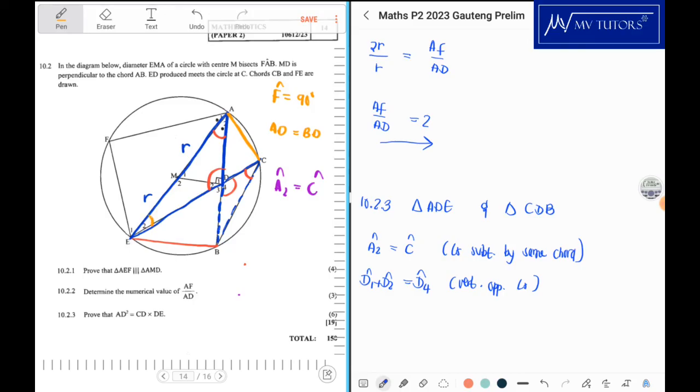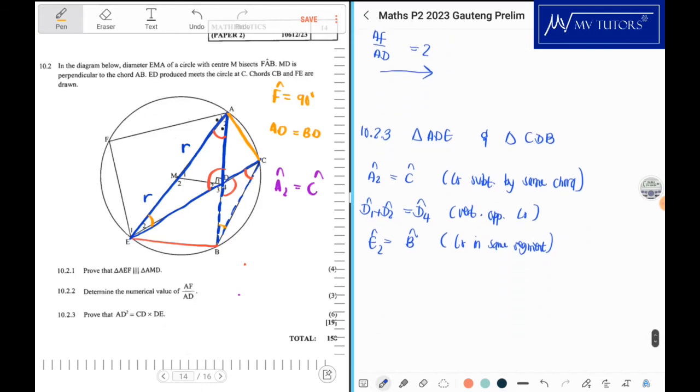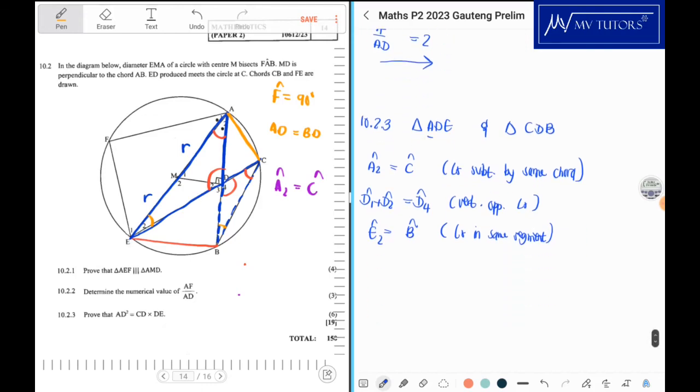And I said E2 is equal to B. Okay. E2 is equal to B. Same thing, angles subtended by the same chord. Or you could also say angles in same segment. Both apply. Okay. So did I write them in the right order? So yes, A is equal to C, D is equal to D, and then E is equal to B. Okay, great.